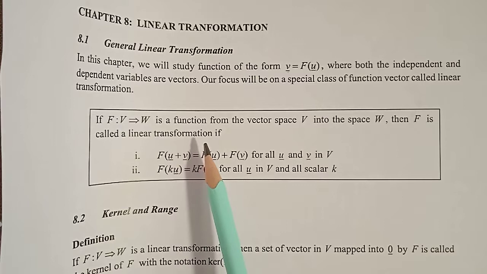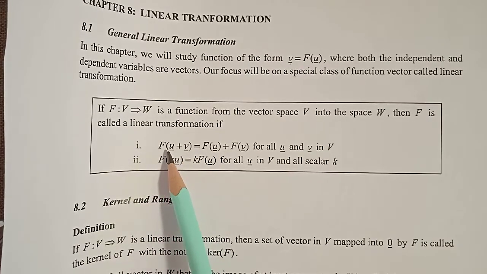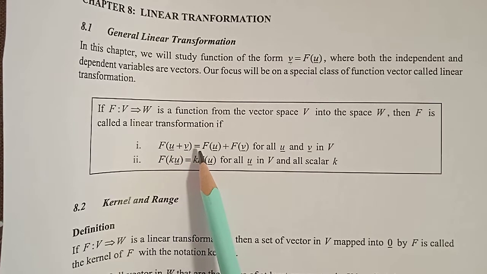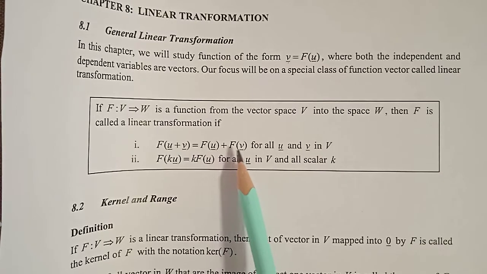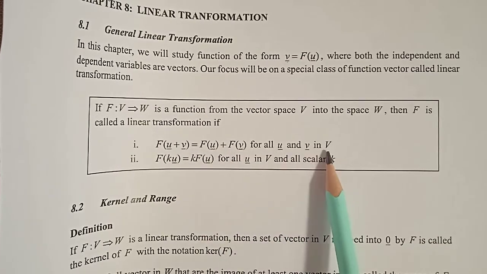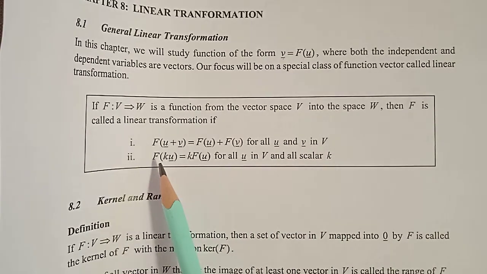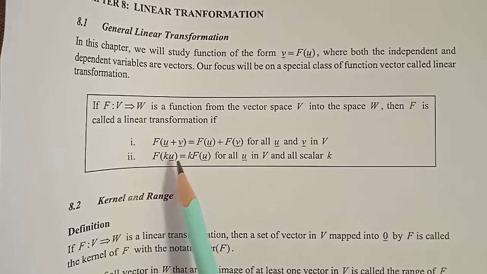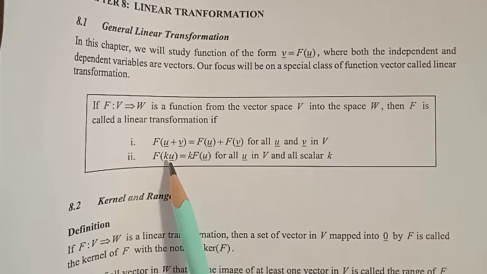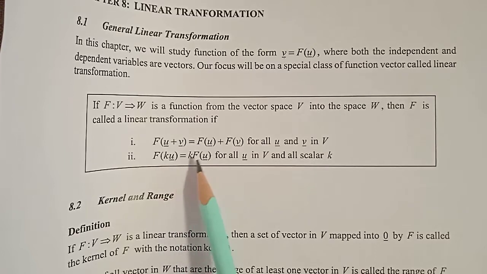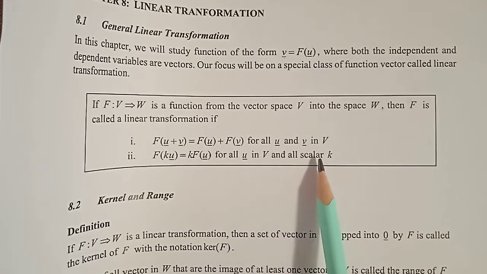Then only we say that function f is a linear transformation. Criteria 1: f of vector u plus vector v is equal to function f of u plus function f of v, for all u and v in vector space V. Criteria number 2: f of ku, where k is a scalar and u is a vector, is equal to k times f of u, for all u in vector space V and all scalars k.